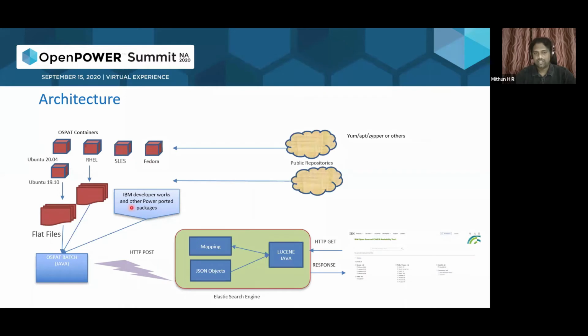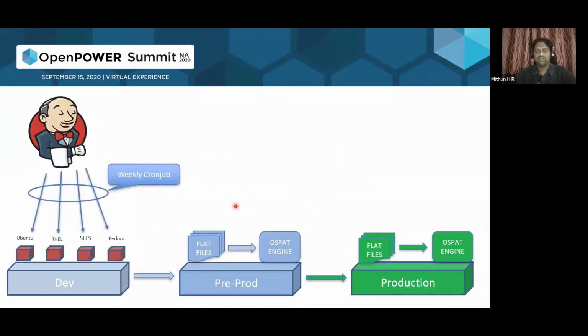So containers and Elasticsearch, I can say, are the backbone of this particular tool on how it has been implemented, right? And also what we have done is we have made use of Jenkins as a part of automation.